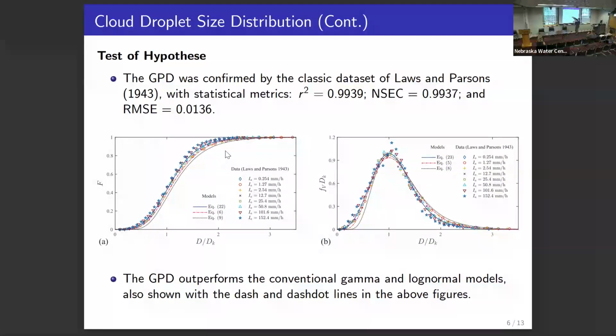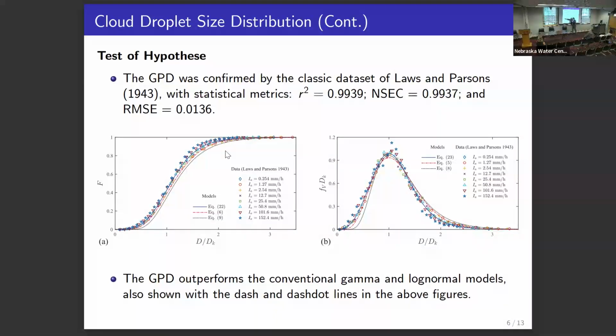We have this cumulative distribution, and this solid line predicts the classical data very well. Compared to the gamma or log-normal distributions, they are not good. My model predicts this very well.